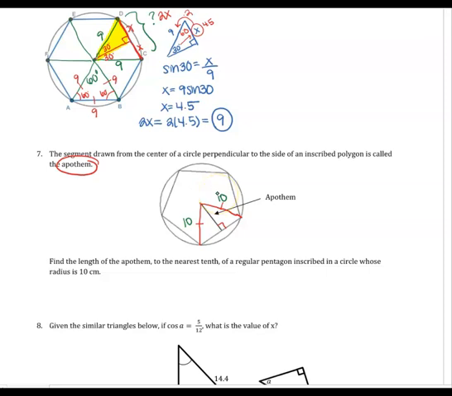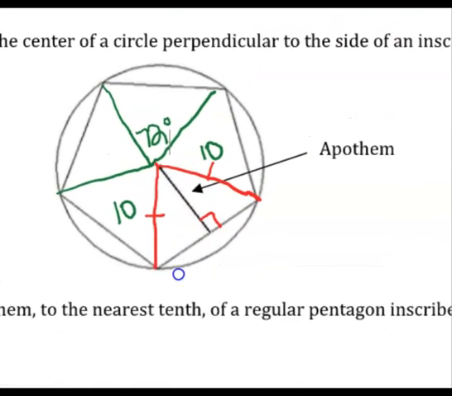Now, again, if this is a pentagon, there's technically 5 pizza slices here, which makes each angle 72 degrees, because 360 divided by 5 is 72. Now, as we did previously, that means that each of these little angles in here is 36, because this altitude would divide this angle in half.